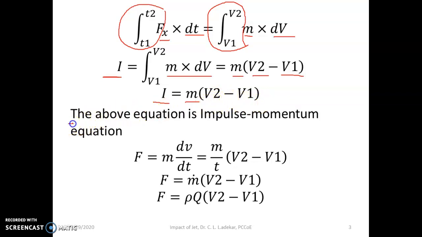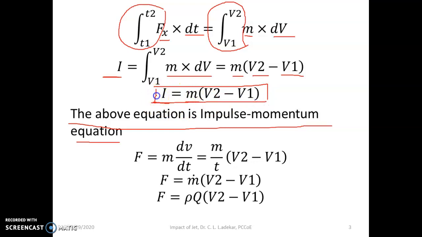So this expression is called the impulse momentum equation. This equation shows how the impulse is directly responsible for the change in momentum, which you can in turn write as mv2 minus mv1.